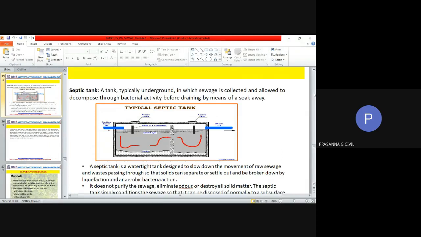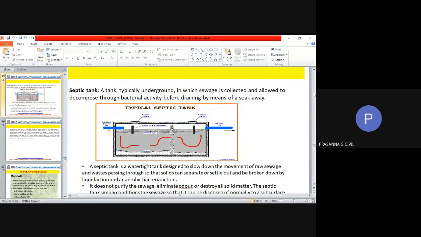So, since it is a sedimentation cum settling tank, it has to perform the functions of sedimentation, digestion, which happens because of anaerobic decomposition, and the settling of sludge. Once the sludge settles down, you will have a little bit of scum and water floating on top of the sludge. This water will go out through the outlet and be taken to the soak pit.